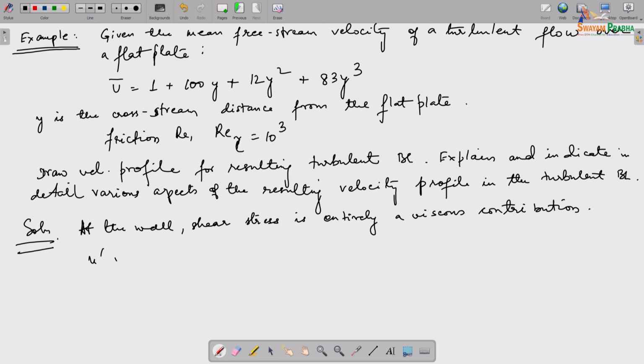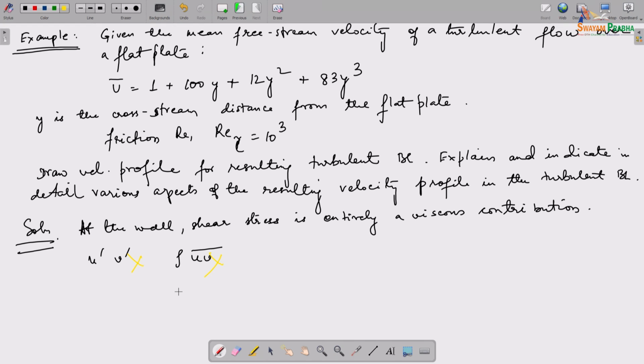Meaning, these quantities, or we had a term like this, so anything related to this can be ignored. These things do not play much of a role. So, the shear stress is entirely a viscous contribution, and these things do not need to be taken into account.